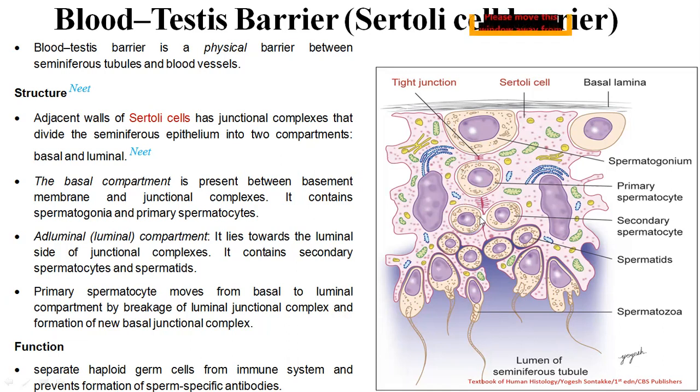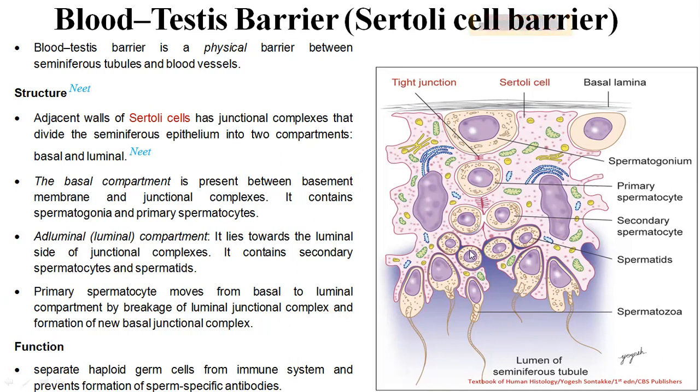Then from here till here, whatever extension of membrane is there, that is the adluminal or luminal compartment. It lies towards the lumen of the seminiferous tubule. The luminal side of the junctional complexes contains the remaining cells, secondary spermatocytes and spermatids.